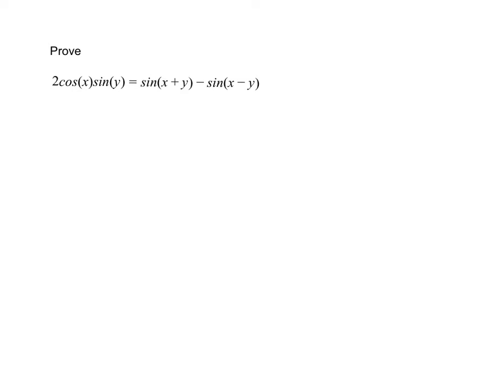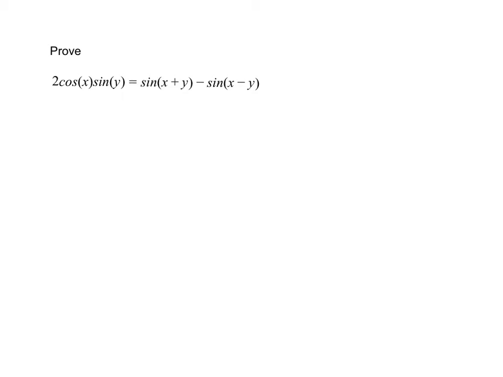We can also prove identities using our sum and difference identities. So I want to prove 2 cosine of x sine of y is equal to sine of x plus y minus sine of x minus y. So I'm just going to use the sum and difference identities for sine to simplify that right side.